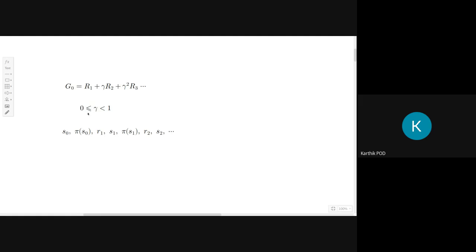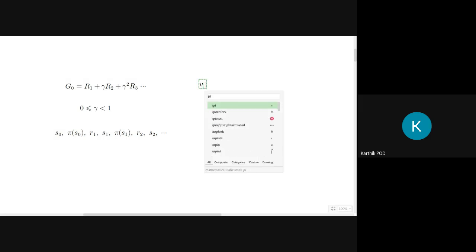Once you have the notion of a return, the next thing that we have looked at in this week is the idea of a value function. We call this v pi of s, right? Recall that in the lectures on bandits, we computed the q function, the expected reward when you pull a particular arm.